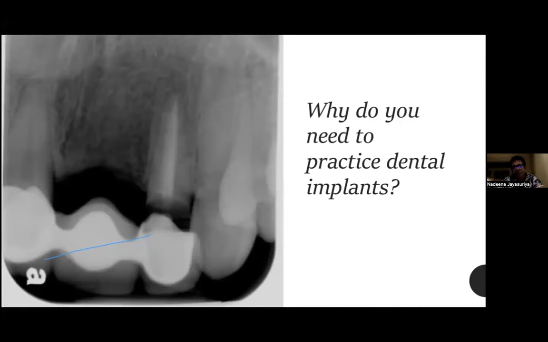A bridge involves cutting the two adjacent teeth. Sometimes people do Maryland wing bridges, where food can collect if it dislodges. So it's not the best way to have a tooth. In these patients, you need to start giving dental implants as the most important treatment option.